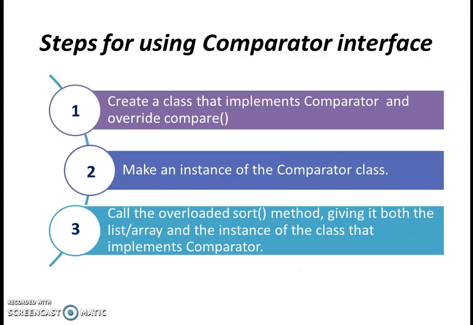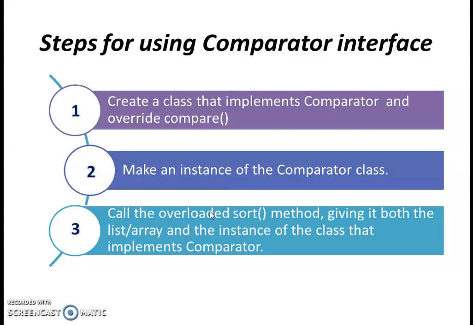Now let's understand the steps for using comparator interface. To use comparator interface, we must create a separate class that implements comparator and we must override compare method. Next, we need to make an instance of the comparator class because we are going to use this instance to call sort method.